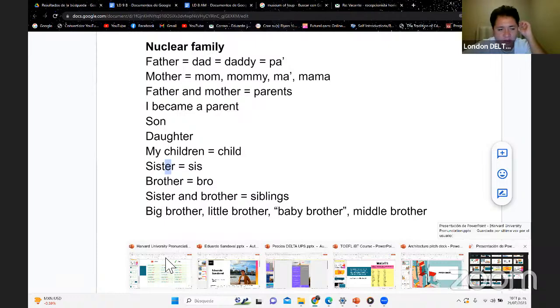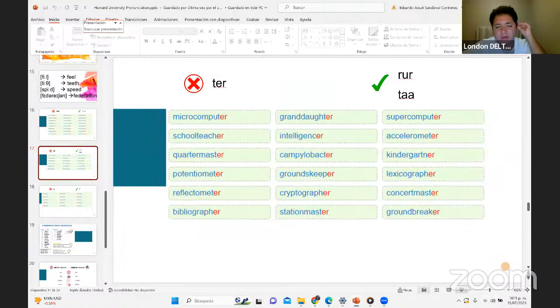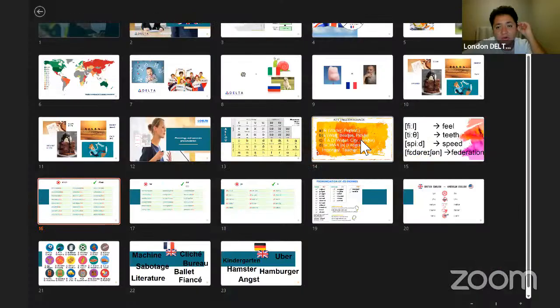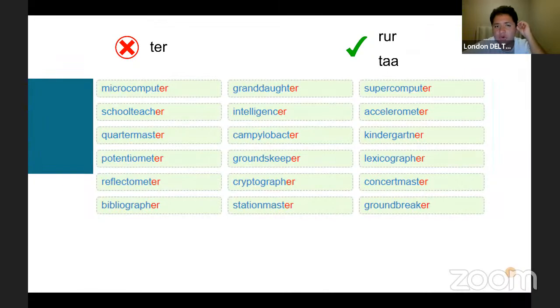Where is it? Okay, here. Entonces, sí, todas las palabras que terminen en ER, en vez de pronunciar como R, lo vamos a pronunciar como UR. Okay? For example, you don't say computer, right? You say computer.